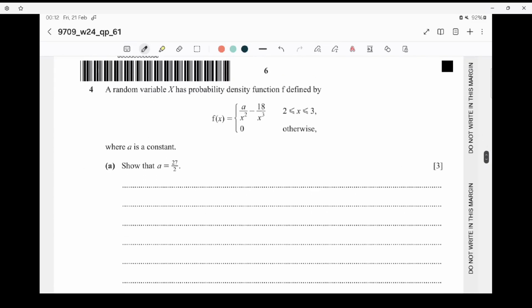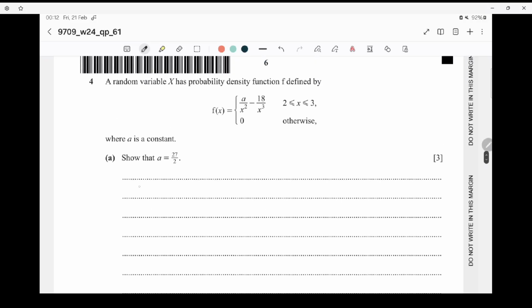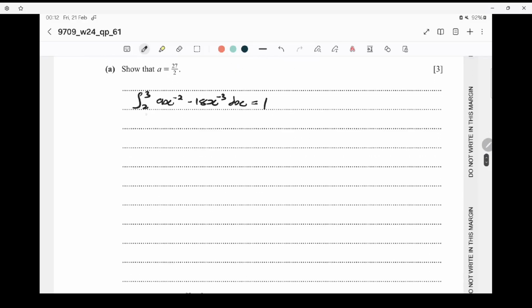Question 4. Show that A is given by that. So essentially you need to integrate from 2 to 3, A x power minus 2 minus 18 x power minus 3 dx. This has to be equal to 1. So the integration will give you minus A x power minus 1 plus 9 x power minus 2.